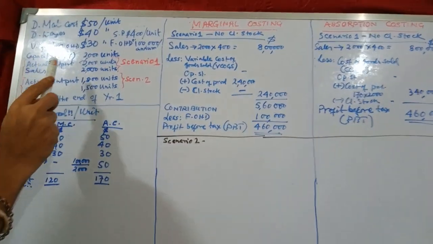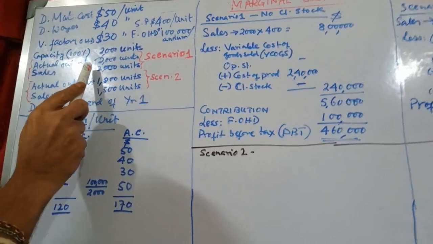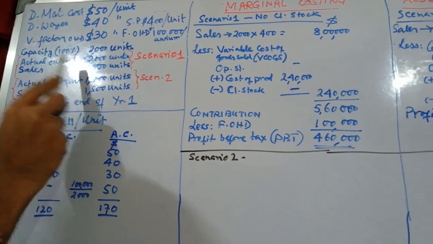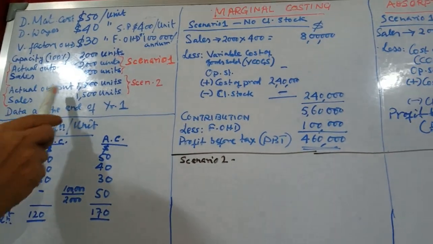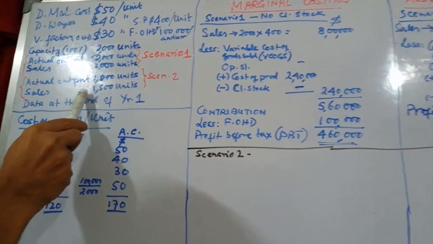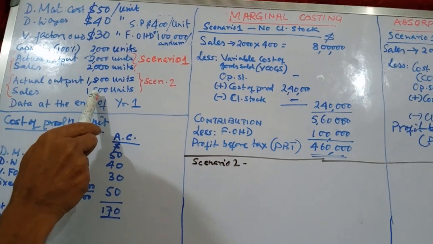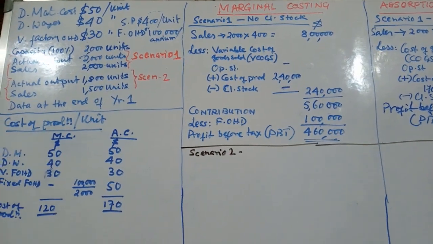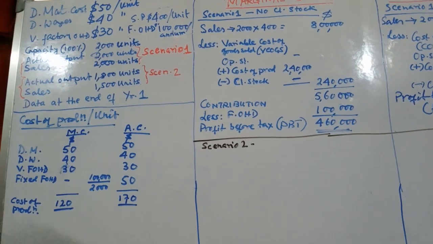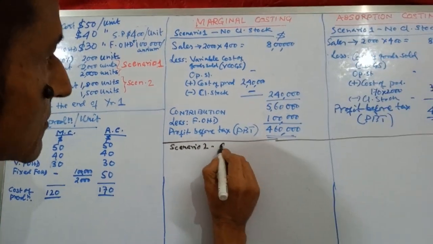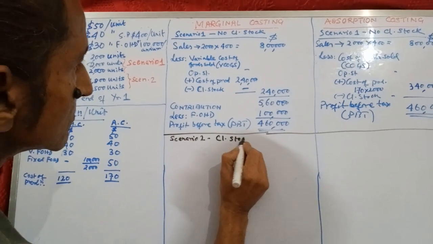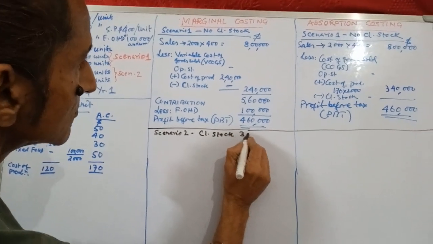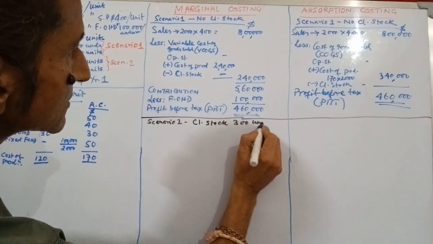And the sales in scenario 1 is 2000 units, that is, there is no closing stock. And in scenario 2, sales is 1500 units, that means there is closing stock of 300 units. So here we write closing stock 300 units.